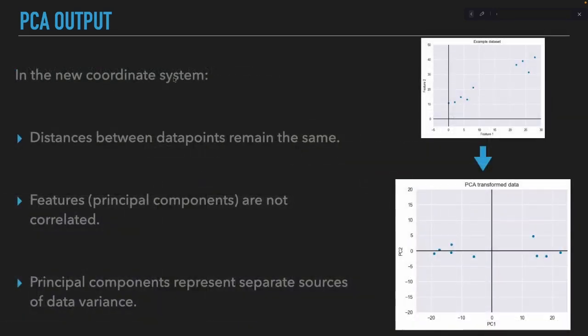In this new coordinate system, this is the PCA result, distances between data points will remain the same. We will preserve our variability, we will preserve our patterns, and features are not correlated, and the principal components will represent separate sources of variation. So what we will achieve is to break down all this variation in this data into separate components.